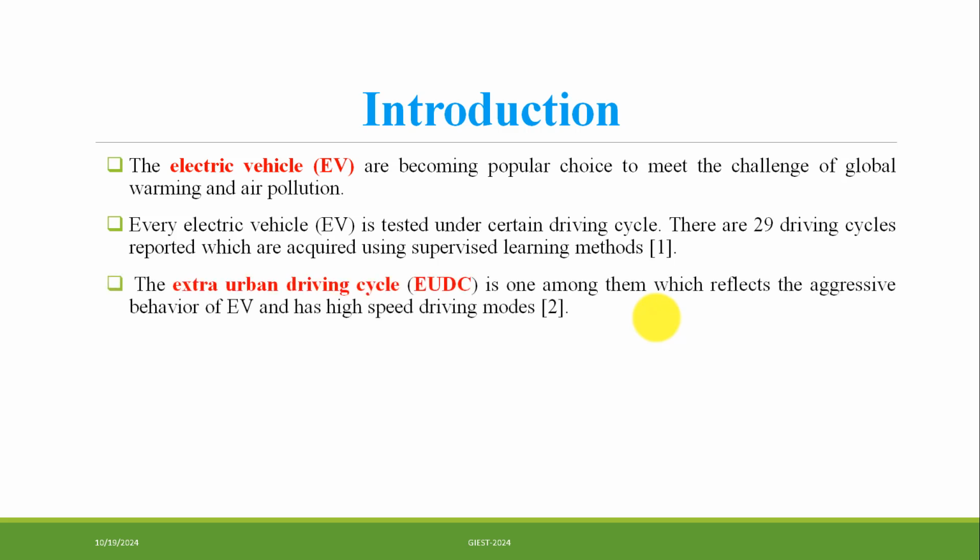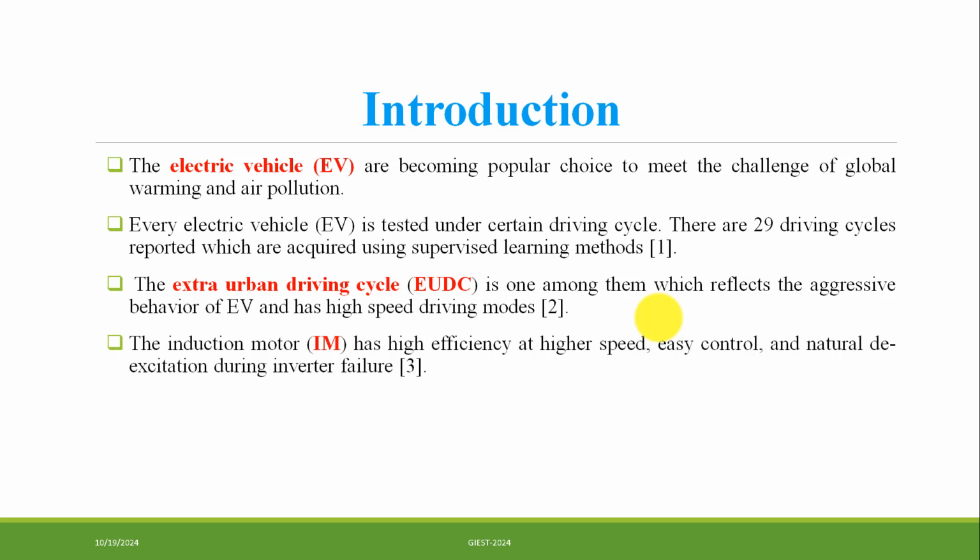The extra urban driving cycle (EUDC) is one among them, which reflects the aggressive behavior of EVs and has high speed driving methods. The induction motor (IM) has high efficiency at higher speed, easy control and natural de-excitation during inverter failure.